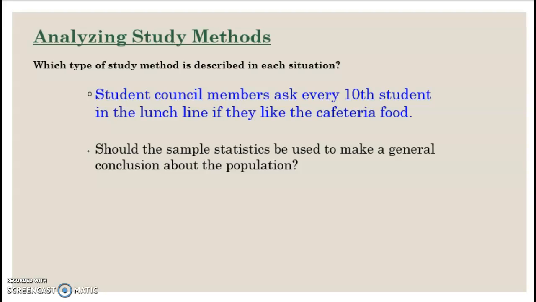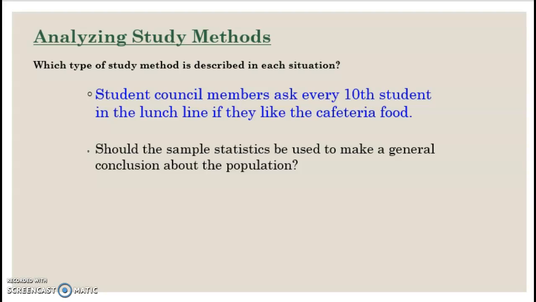However, you really cannot use this to make a general conclusion about the population because people who are in the cafeteria line probably like the cafeteria food. If you didn't, you'd bring your own food. So it's already got a kind of a bias towards eating cafeteria food.